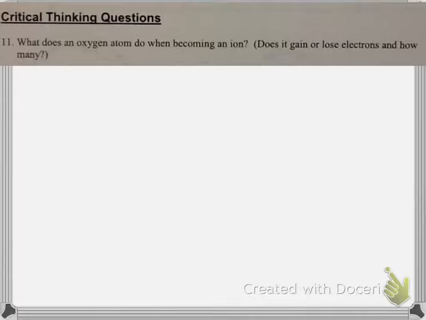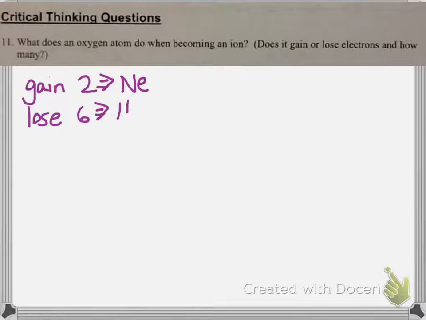Well, we just said its options were it could gain 2 to become like neon, or it could lose 6 to become like helium. It's always going to do whatever's easier, so it's going to gain 2 electrons.